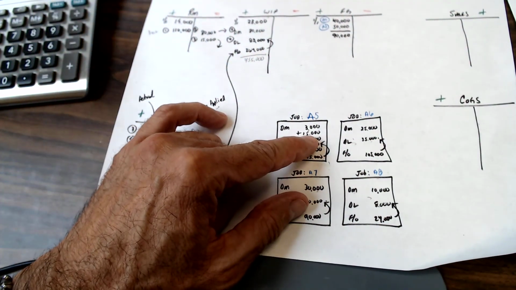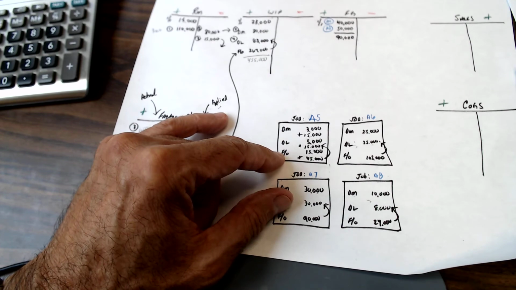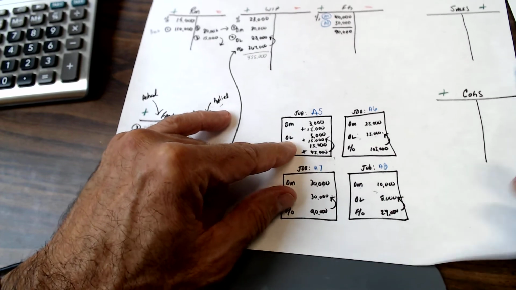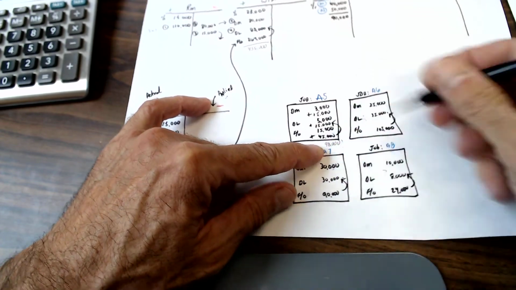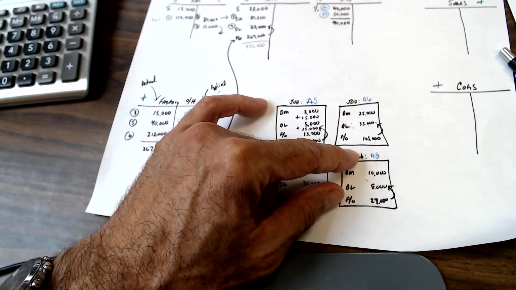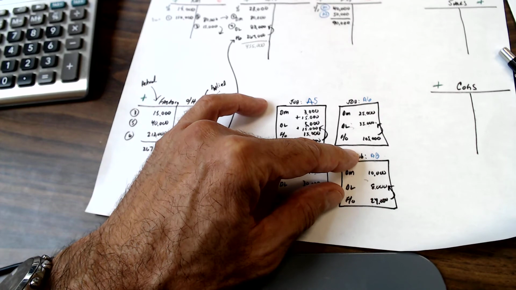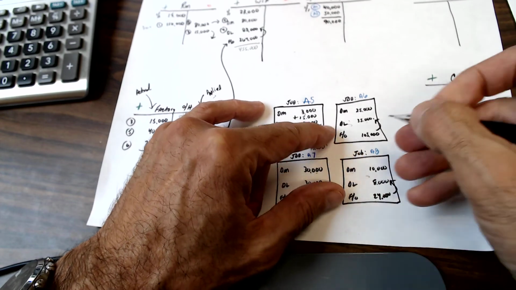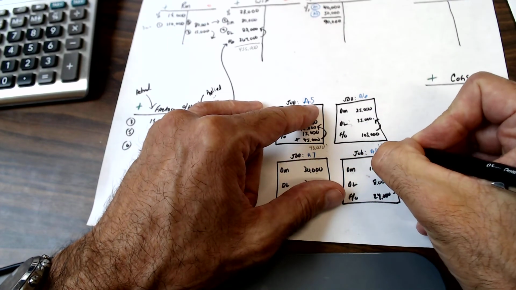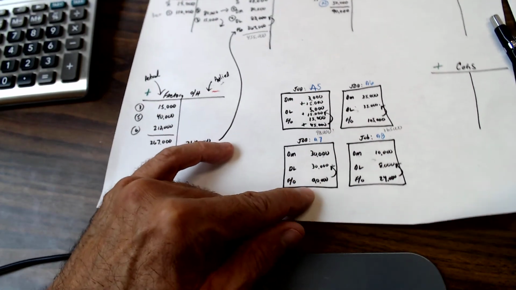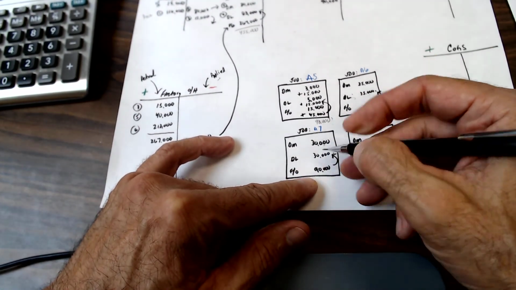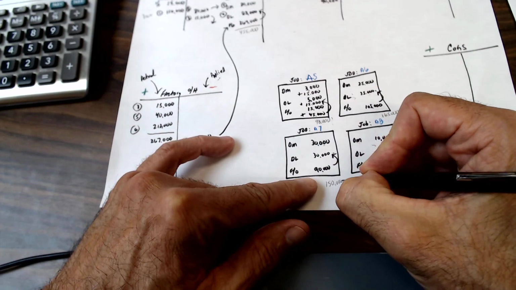The first one, this is job A5, cost $98,000. Job A6 cost $165,000, bigger job. A7 is 60 and 90 is 150.